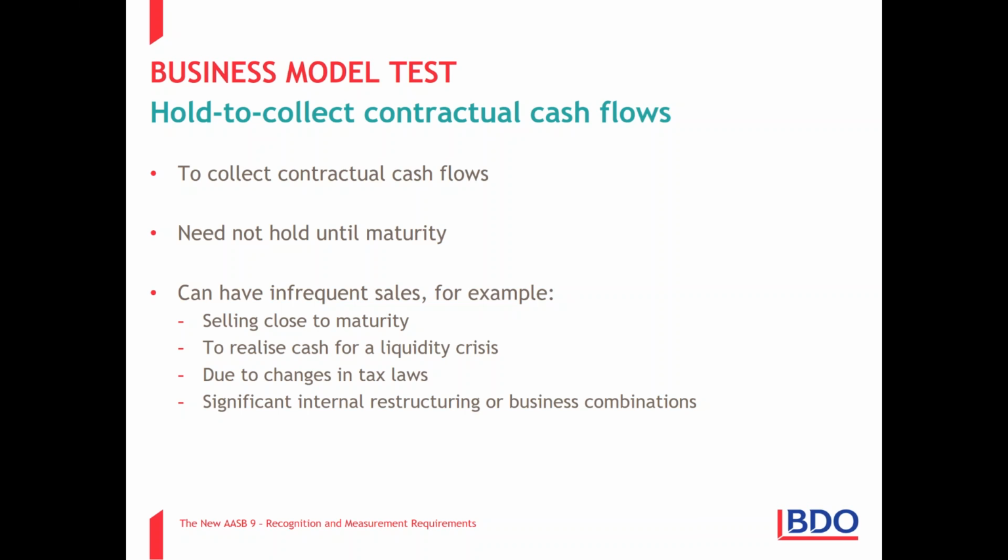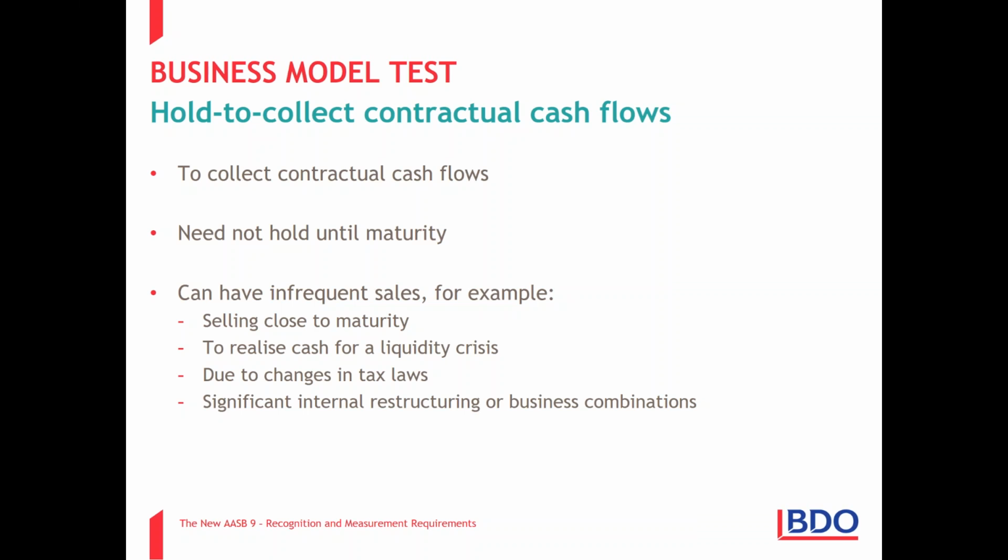Why? Because you could have some infrequent sales. For example, you're selling it close to maturity, or maybe you are realizing it because you've got a liquidity crisis. Your intention was to hold it right till the end, but now you've got this liquidity crisis. Yes, then you can realize it and it wouldn't impact your business model test.